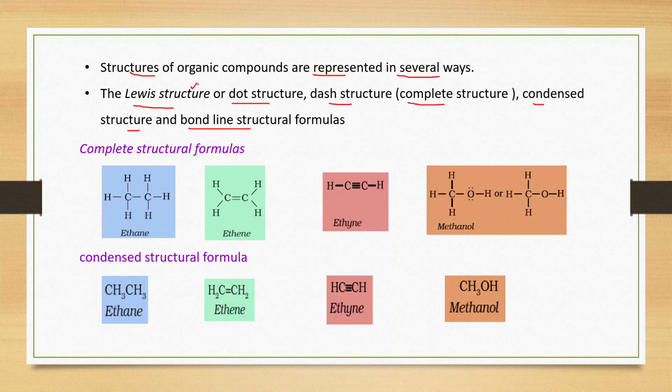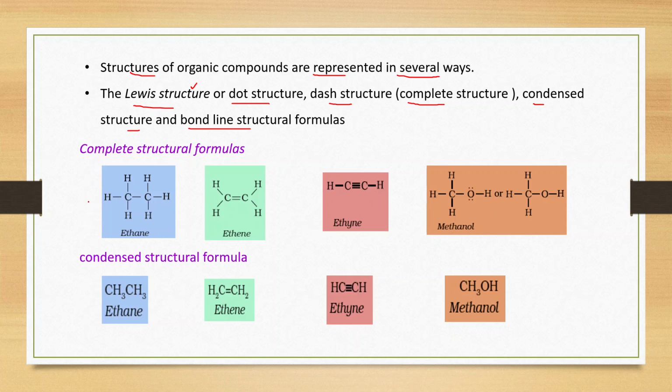About Lewis structure or dot structure, which we have discussed in the chapter chemical bonding and molecular structure. In Lewis structure, we represent the electrons by dots. If shared pairs of electrons are replaced by dashes, then we will get the complete structural formula.